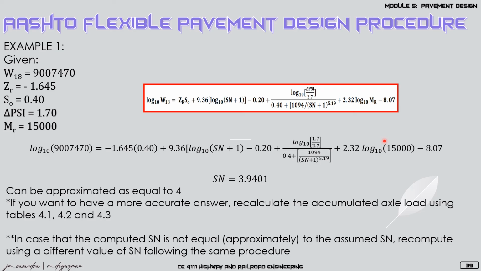So, ang gagawin nyo is to repeat again from the start. So instead of using the values found under column 4, we now use the values found in column 3 or SN3. Tapos same procedure, look for the equivalent factor, and then compute now for the daily traffic, compute for the accumulated traffic, and then substitute in this equation, trial and error.